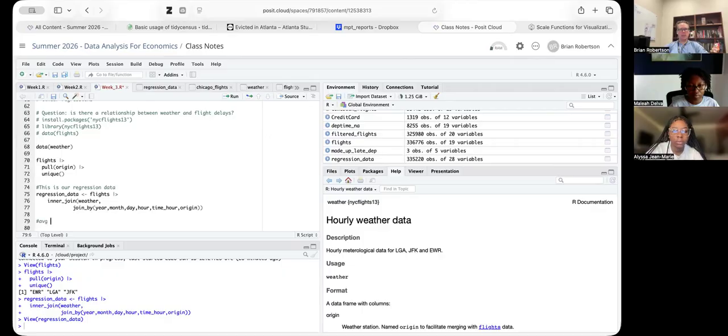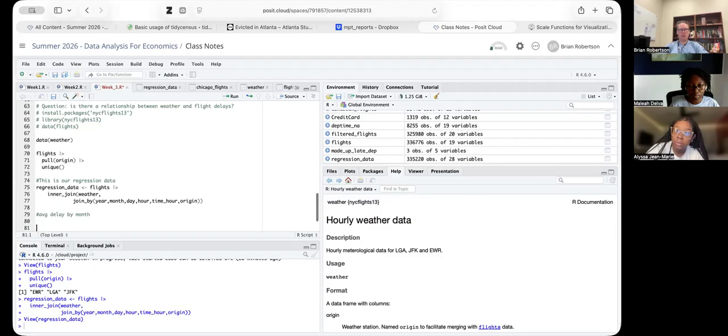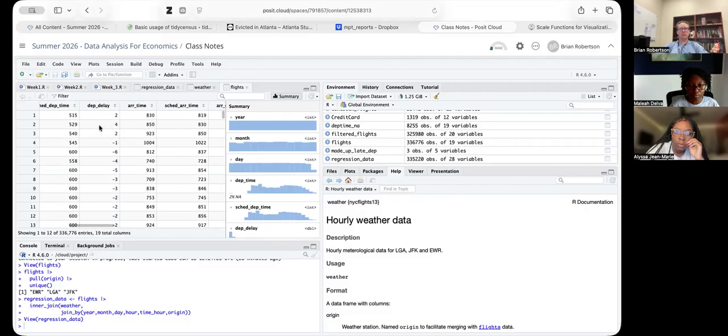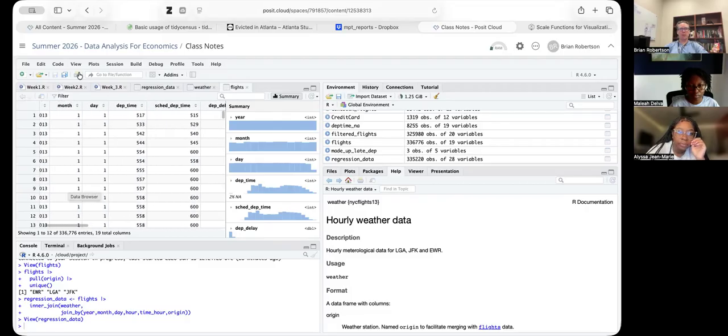So now average delay by month. All right. So we know that this is already 2013, so I have to think about the year. Let me get rid of Chicago flights, weather, get rid of CA schools. So all I got to worry about is what's in this month category.